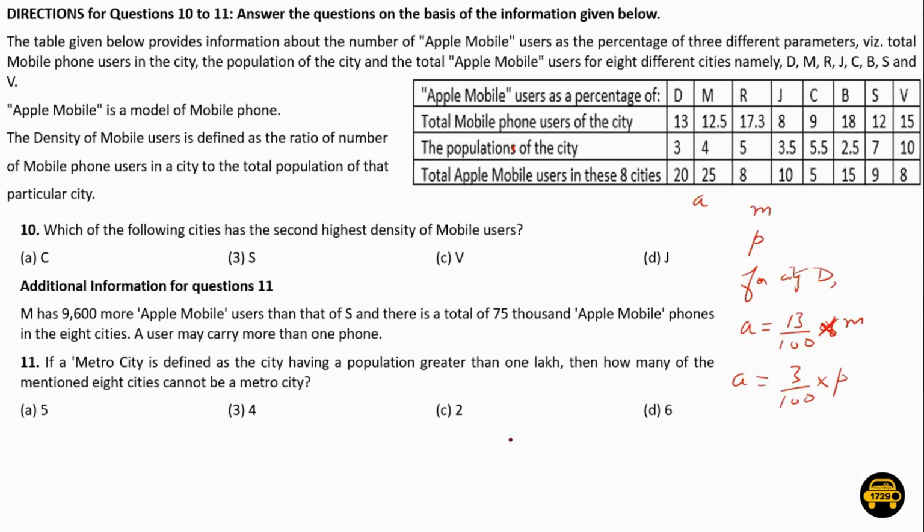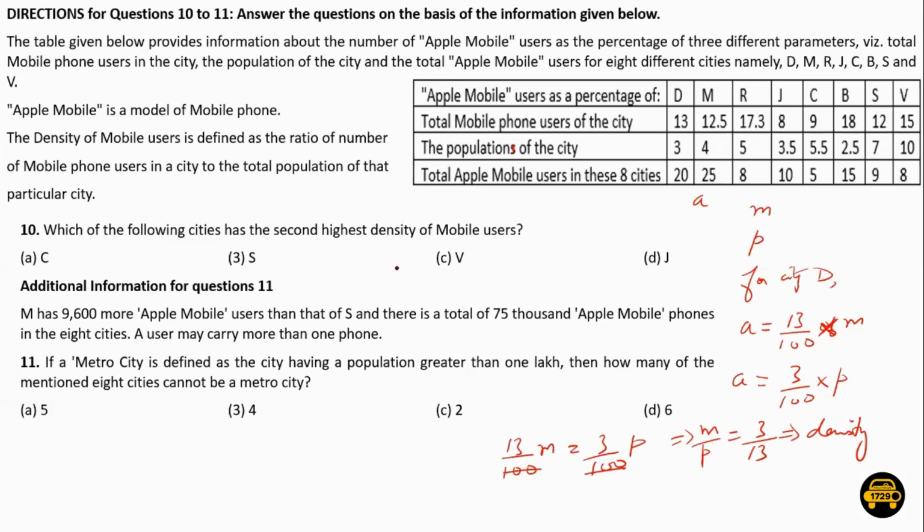So we can say 13 by 100 of M is equal to 3 by 100 of P. So M by P will become 3 by 13. And basically M by P is what? Mobile users divided by population, which is actually the density of mobile phone users, right?